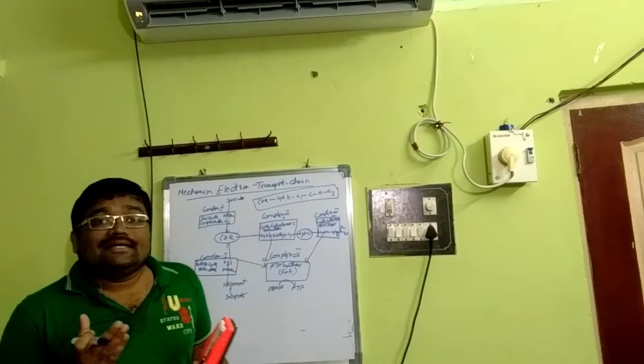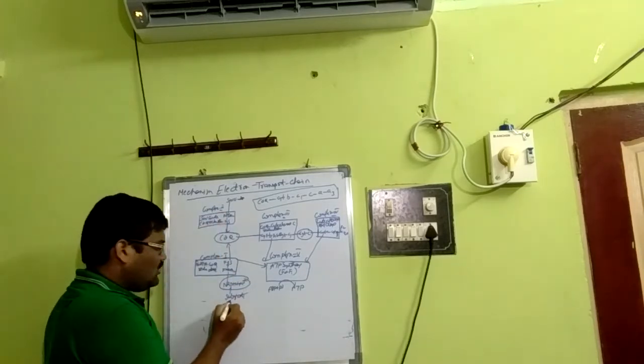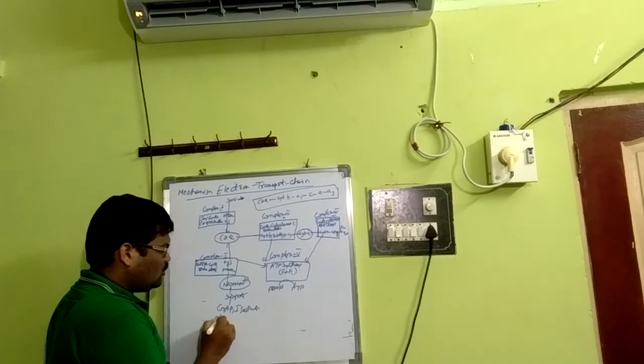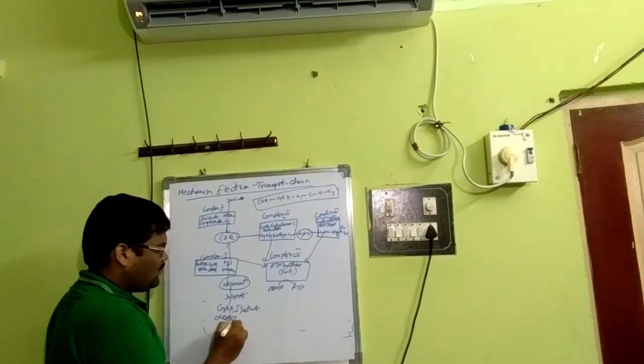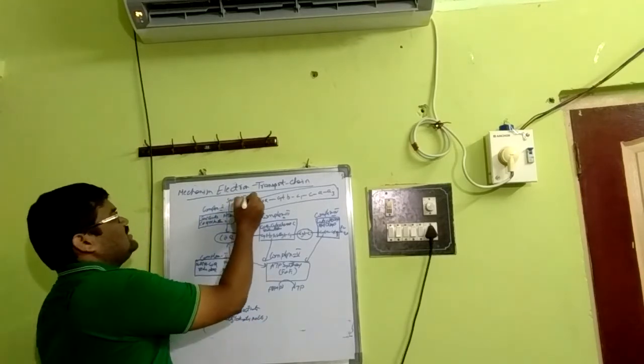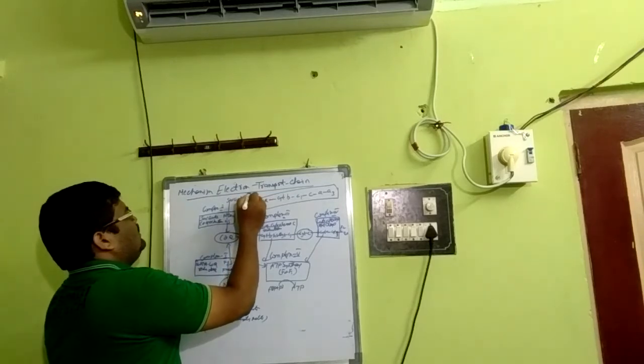I told you already, the reducing elements come from different substrates, for example, glyceraldehyde 3-phosphate, isocitrate, alpha ketoglutarate, malate, and succinate, in glycolysis and the Krebs cycle.